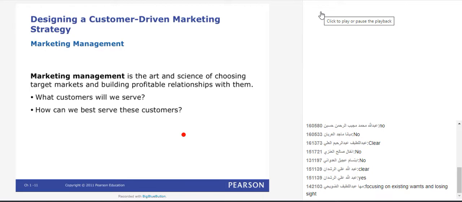Let's first define what is marketing management. إدارة التسويق. You know all management. What is management? The art of planning, organizing, leading, and controlling. However, we need here to manage and do the art of the marketing functions. Marketing is all about consumers.